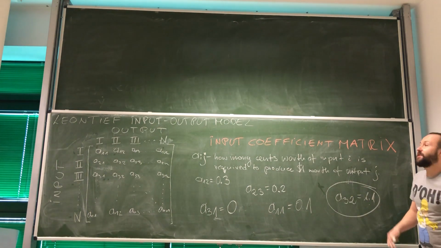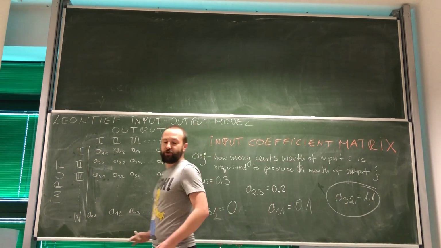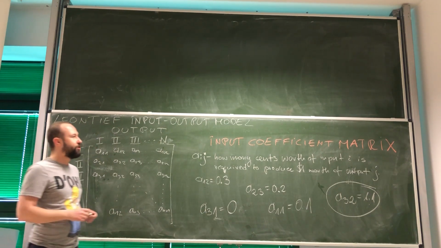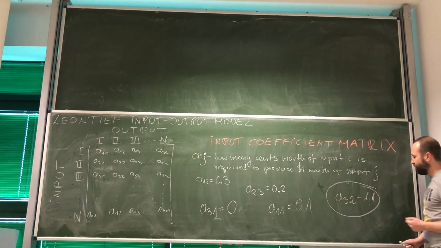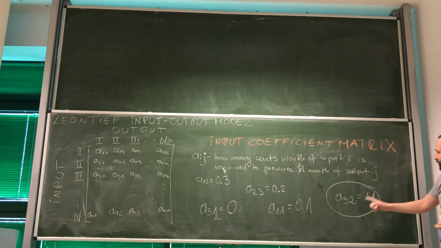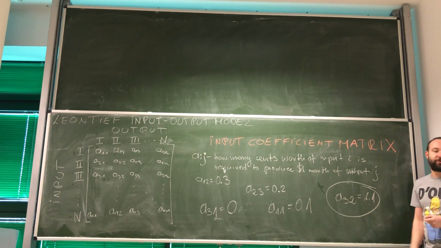Technically speaking, it can happen, but is it profitable to produce good 2 if, in order to produce $1 worth of good 2, you need to use $1.10 of good 3?